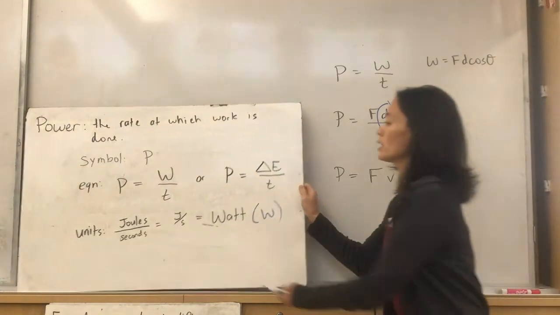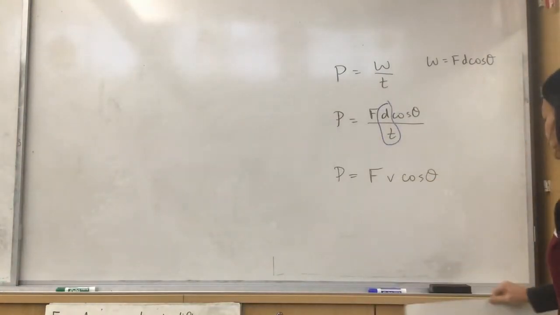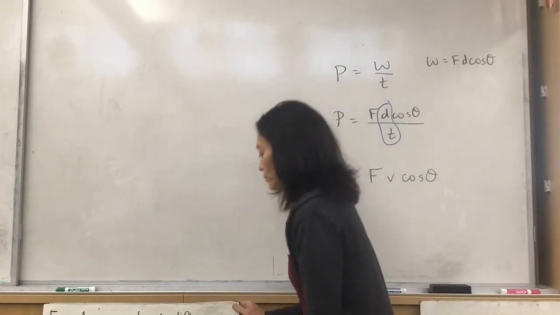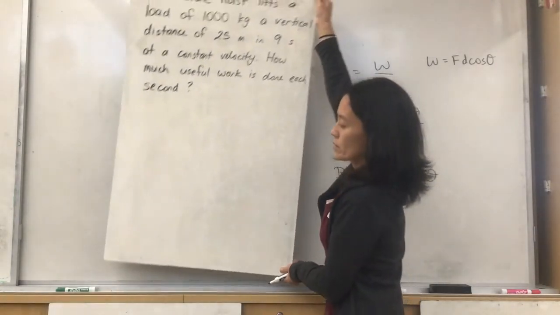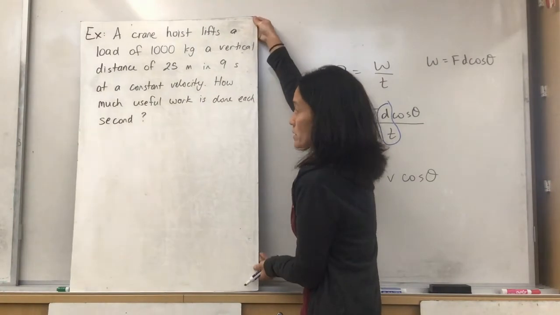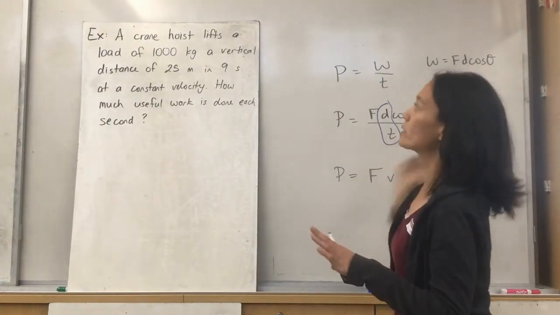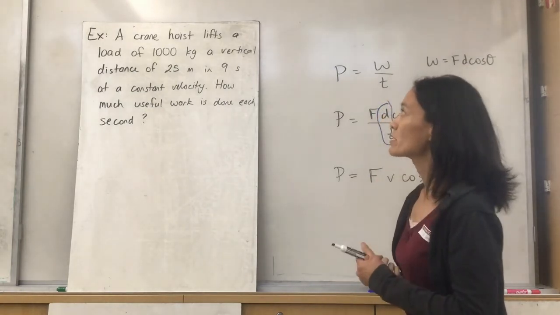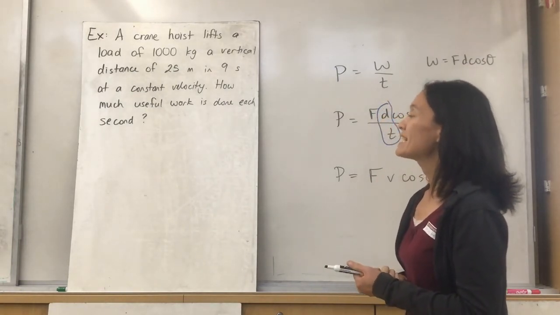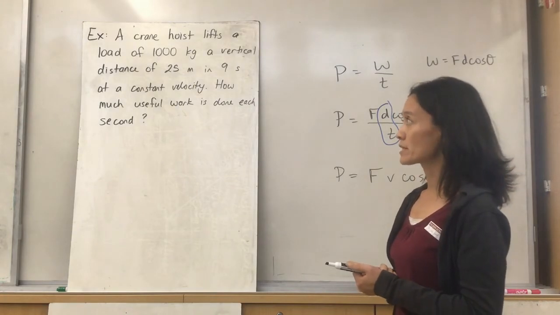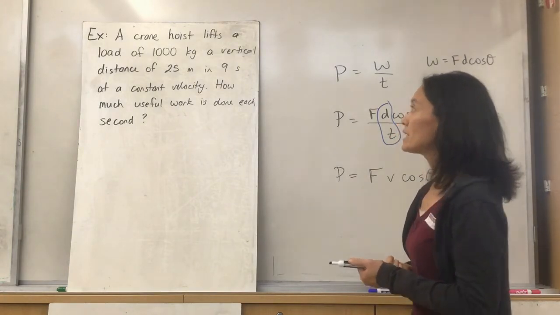So let's just do a few examples of power. This problem says, and I want to show you two different ways to solve it: a crane hoist lifts a load of 1,000 kilograms a vertical distance of 25 meters in 9 seconds at a constant velocity. How much useful work is done each second?